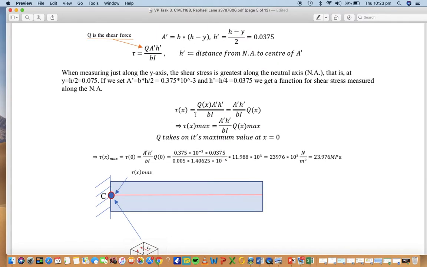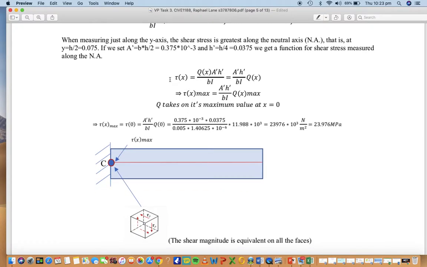used this formula, and I wanted to illustrate the shear as a function of x, and say that the maximum shear as a function of x, I should say, is equivalent to essentially a scalar multiplied by the shear force function of x.